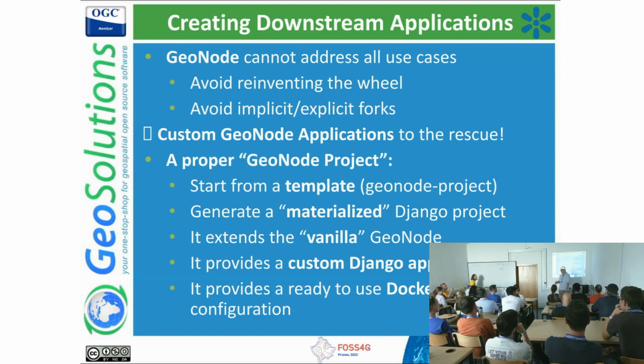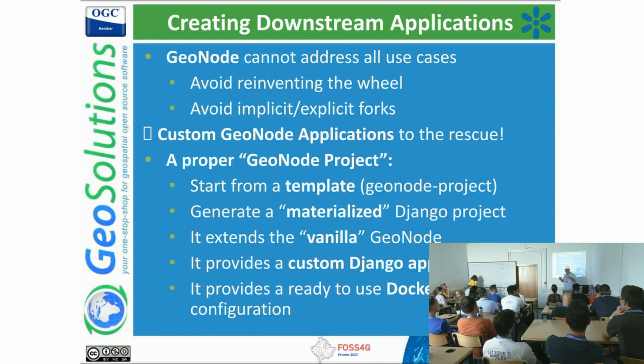So GeoNode itself has a core, which is the Django application, with the core modules, and the way you customize it is by extending what we call the GeoNode project.